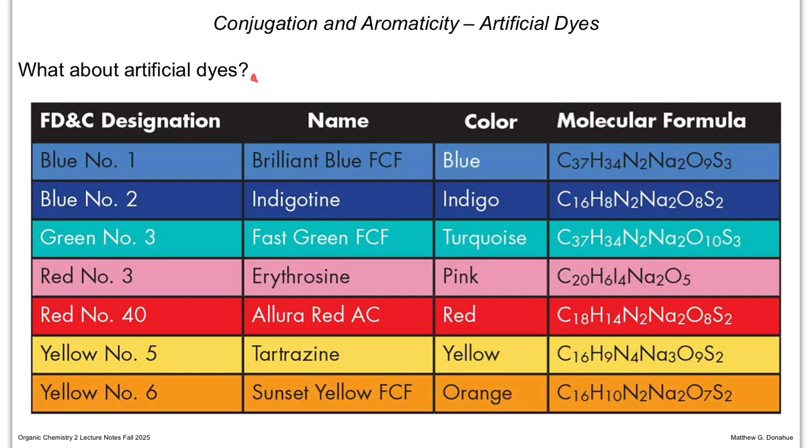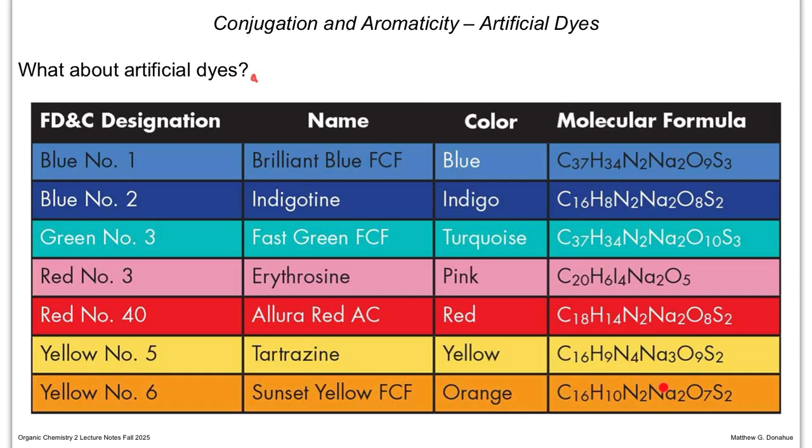But in terms of artificial dyes, you know, they have these just like generic names. Yellow dye number 5, if you like M&Ms, that's what makes M&Ms yellow in that color. The name of it is tartrazine.